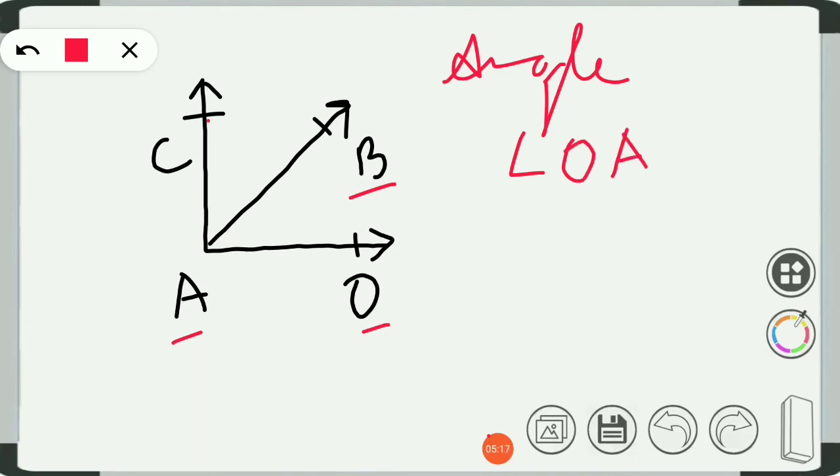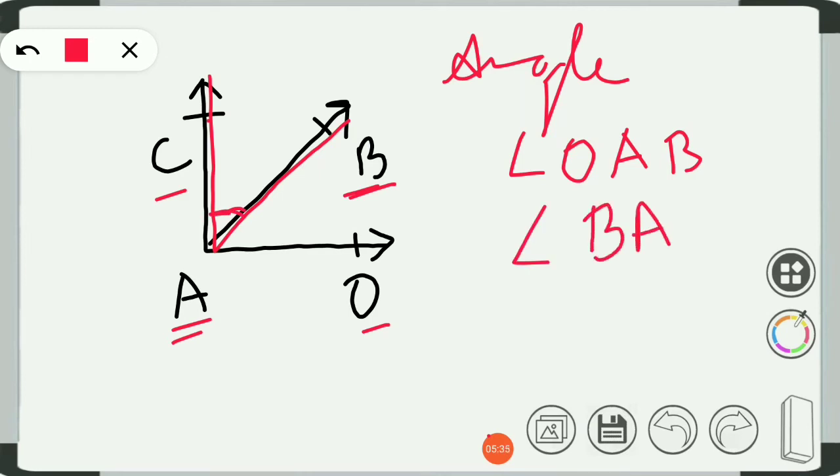First angle is angle OAB. Another angle is angle BAC, because look at the rays, these are joined together like this. This also forms an angle. Now the third one, 3 angles are there.